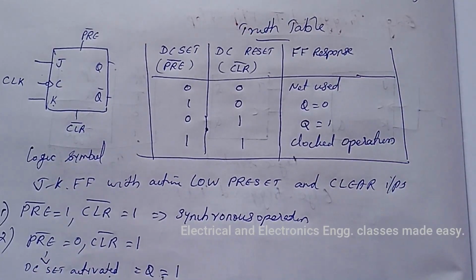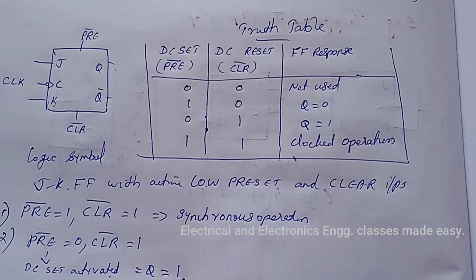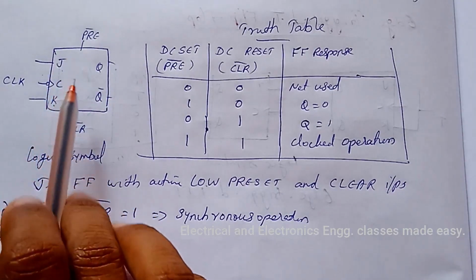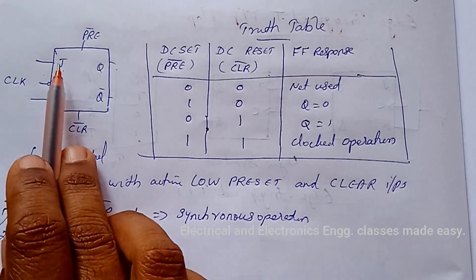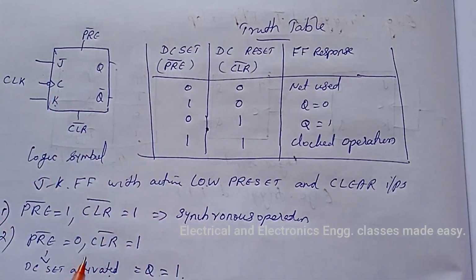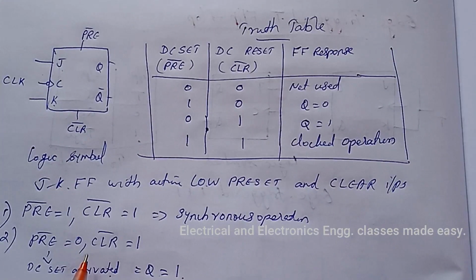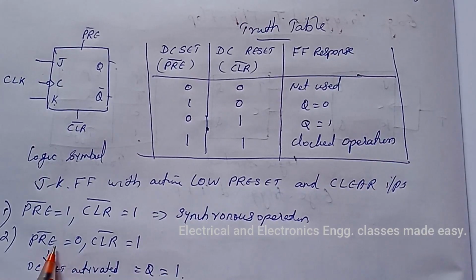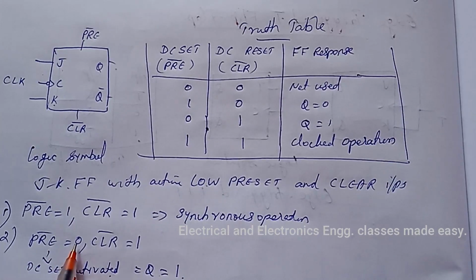DC set means Q equal to 1, and it will not depend upon the synchronous inputs J, K and clock. So the clock input cannot affect the flip-flop while DC set equal to 0, that is preset bar equal to 0.